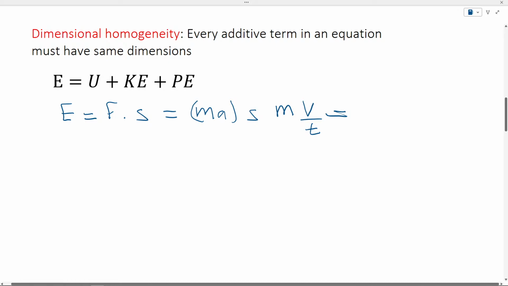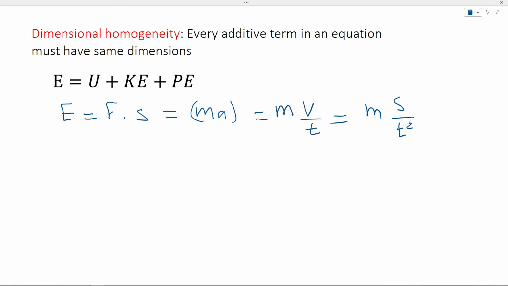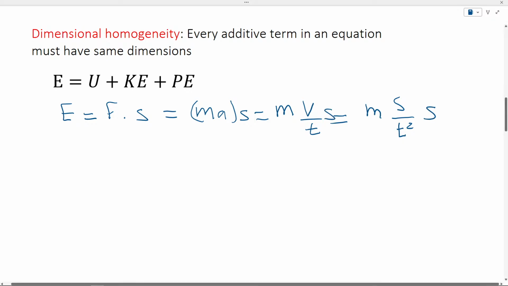Let me delete this so it looks nicer. All of these are equivalent, or I could also write it as m, distance over time squared. Do you agree?